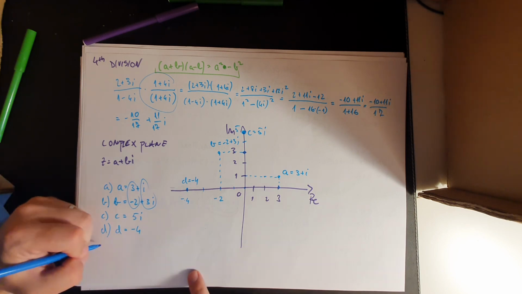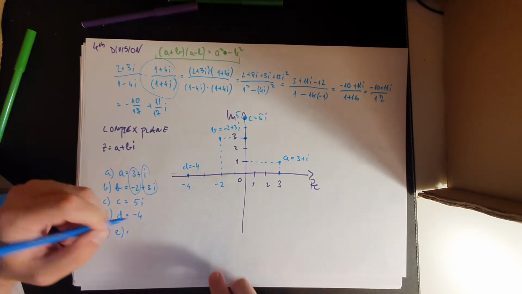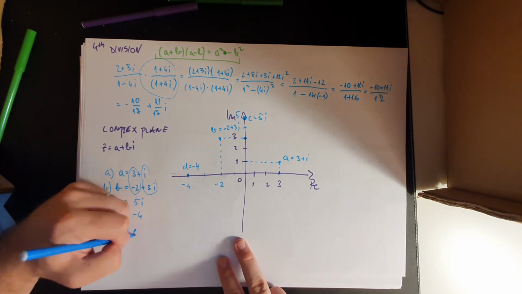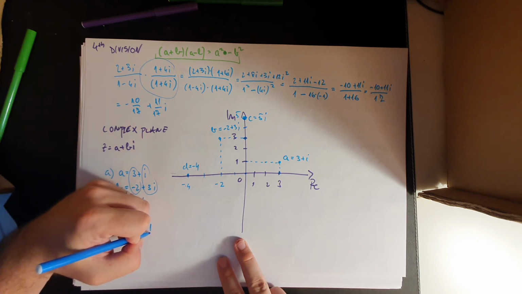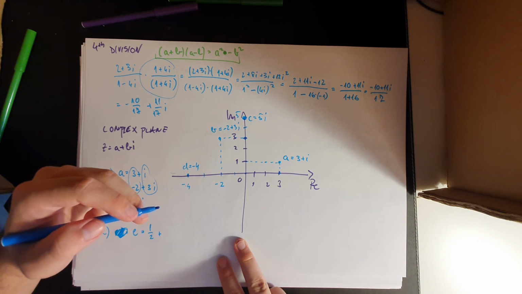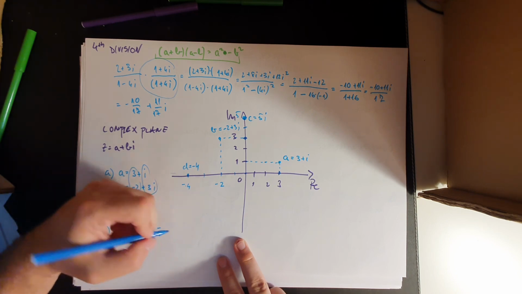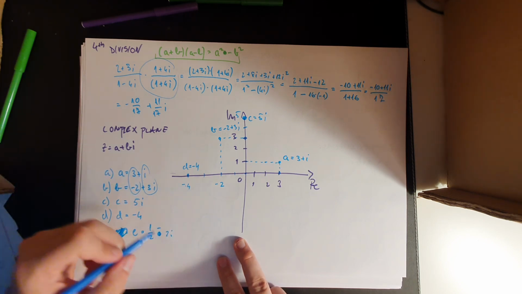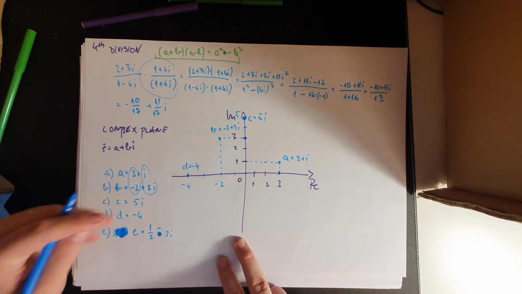Let's go on. Let's show one more. E is equal to, I apologize, E is equal to 1 over 2 minus 2i. Sorry for this, I am coming up with the numbers for the examples themselves.